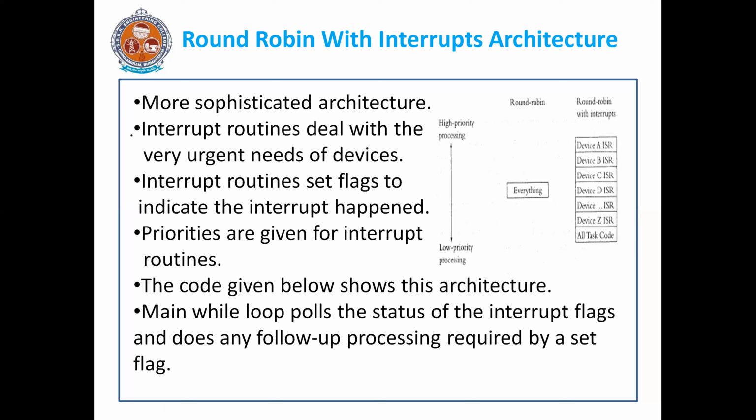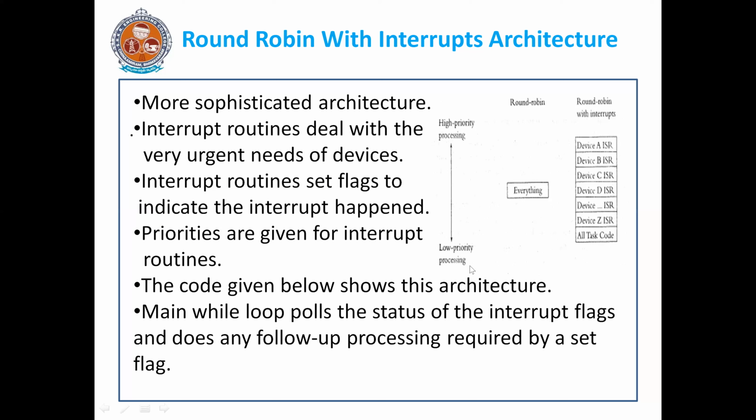Whenever a service is needed, that interrupt routine will set a flag, and then that ISR is executed. The interrupt service routines are also given priorities. Whichever is urgent, that device is given the highest priority, and so on.